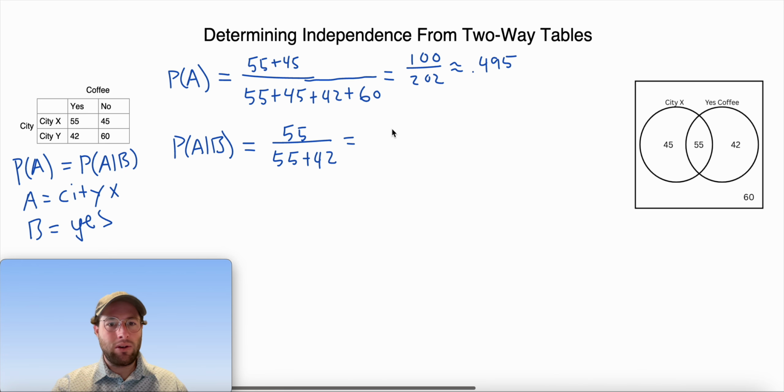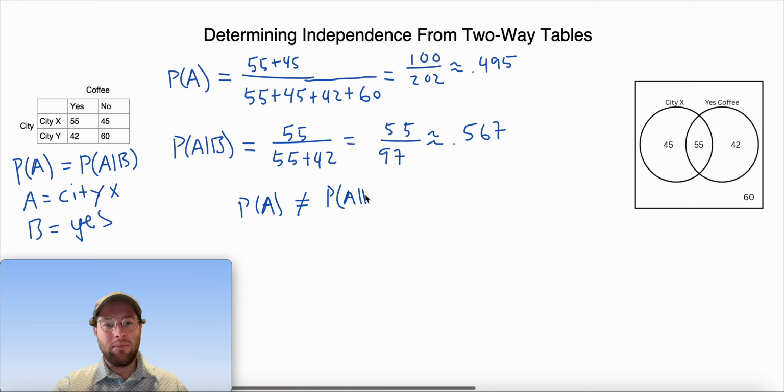That equals 55 over 97, which comes out to approximately 0.567. From this, we can see that P of A does not equal P of A given B, and therefore the events A and B are dependent. So they are not independent.